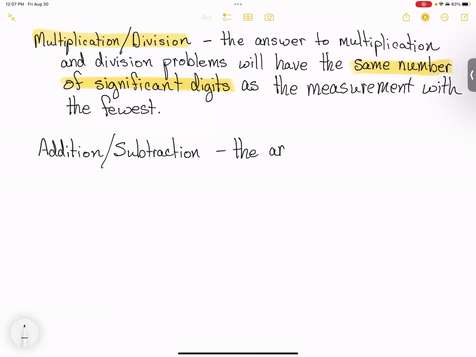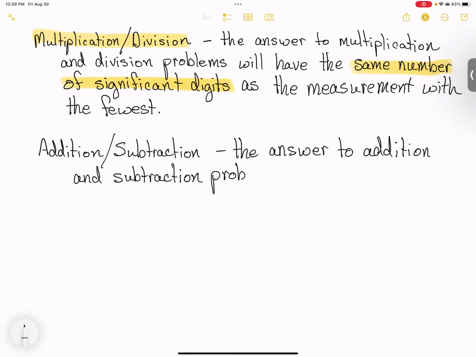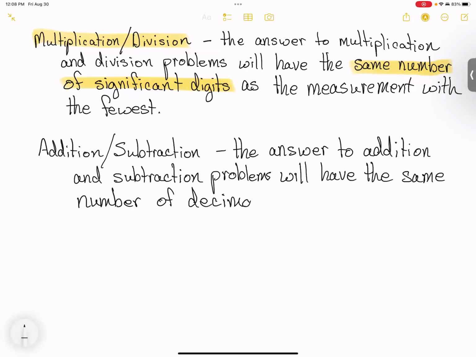This rule is that the answer to addition and subtraction problems will have the same number of decimal places as the measurement with the fewest.